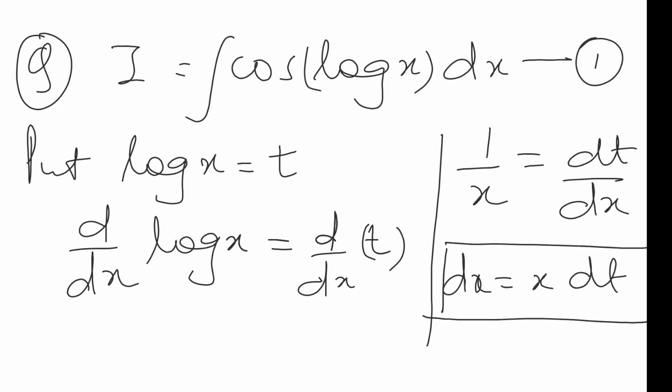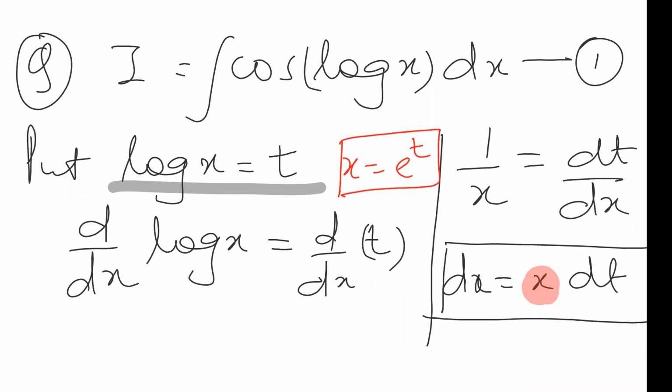Now our job is to eliminate this x, because whenever t comes into picture, x will not come into picture. So if log x is equal to t, we can write x is equal to e raised to t.